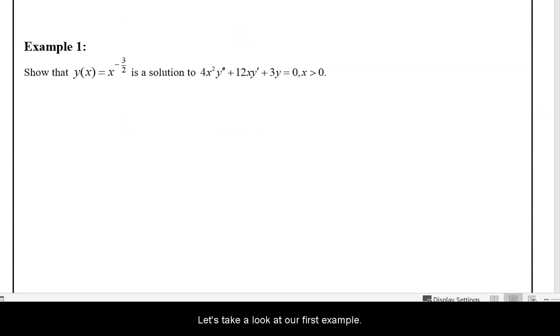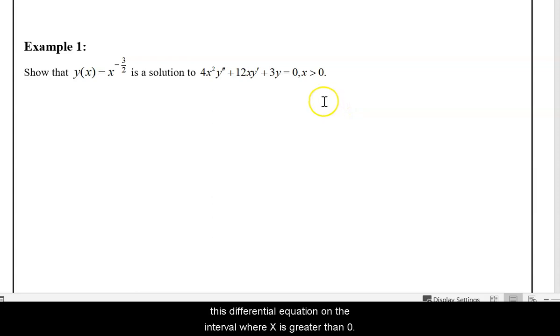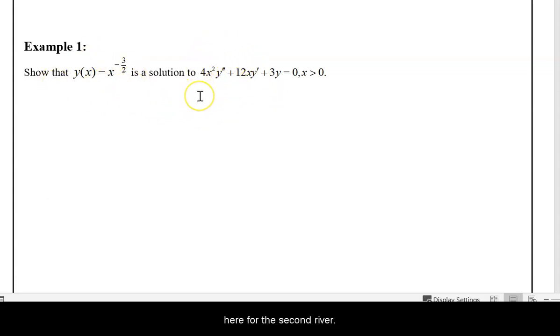Let's take a look at our first example. We want to show that this equation here is a solution to this differential equation on the interval where x is greater than 0. So in order to do that, we need to substitute this equation in place of y in the differential equation, find its first derivative and substitute it here for the first derivative, then find its second derivative and substitute it here for the second derivative.